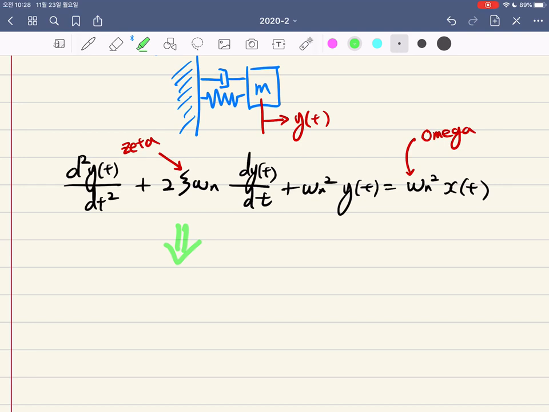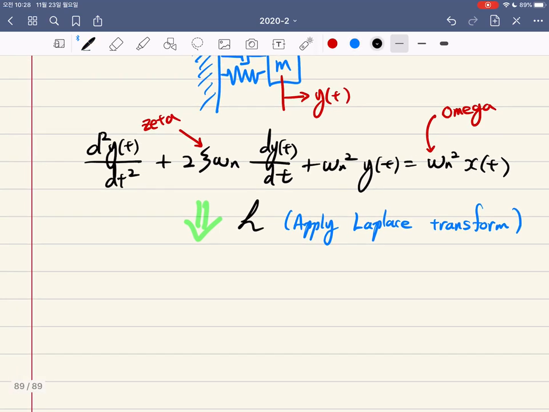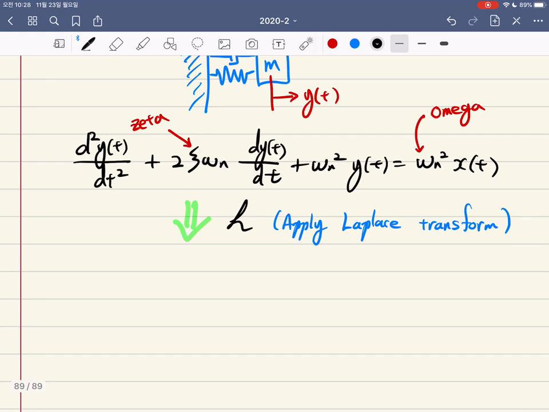Okay, so what do we want to do if we see the differential equation? We would like to apply the Laplace transform. And if we do that, it's our first time having the second derivative.